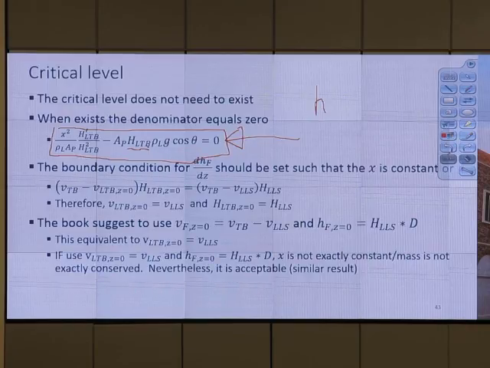Tope, how do we solve for HLTB that makes the critical level happen? We integrate. We set the denominator to be 0, and we have to solve one equation, one unknown. You said our unknown is HLTB. Then can you solve for it? Find HLTB that makes the left hand side equal to 0.